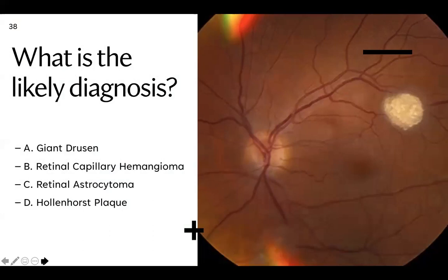Is it a giant drusen? Is it a retinal capillary hemangioma? Is it a retinal astrocytoma? Or is it a Hollenhorst plaque? It again looks pretty straightforward.